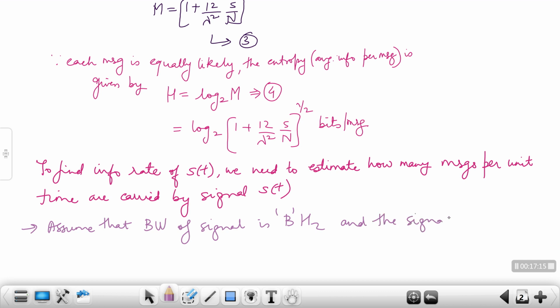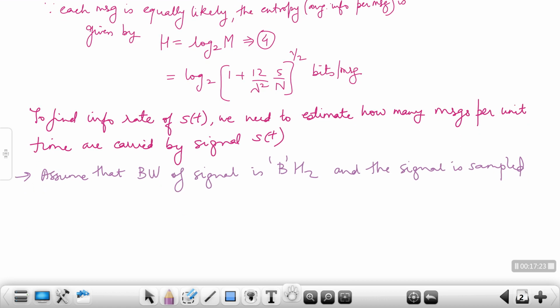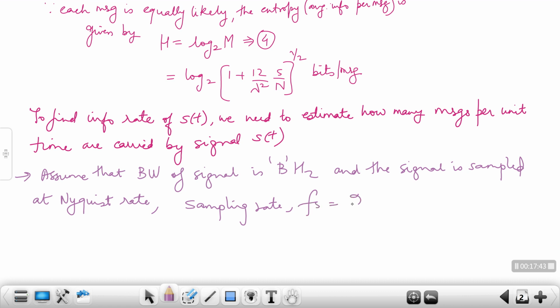The analog signal is sampled at Nyquist rate, because finally we are transmitting a digital signal, so the main signal, which is analog, is converted into digital by sampling it at the Nyquist rate. So what will be the sampling rate? Fs would be 2 times Fm. So Fm, that is the maximum frequency, is nothing but B here. So Fs is equal to twice B samples per second.